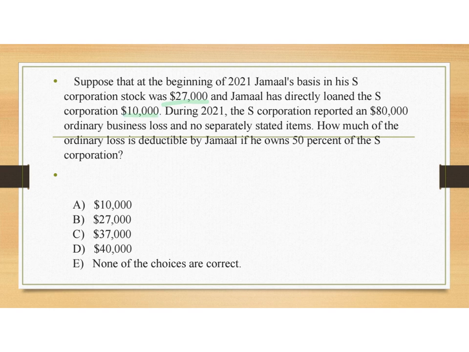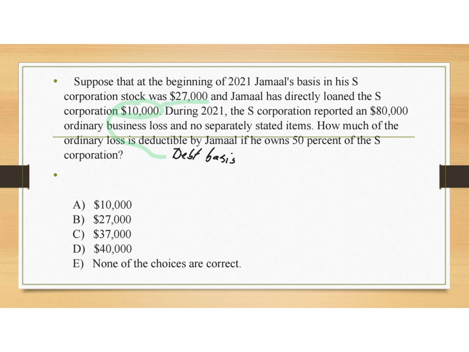Remember that in general, liabilities do not increase your basis in an S Corporation. However, he directly loaned the S Corporation $10,000, so this $10,000 is his debt basis, okay?